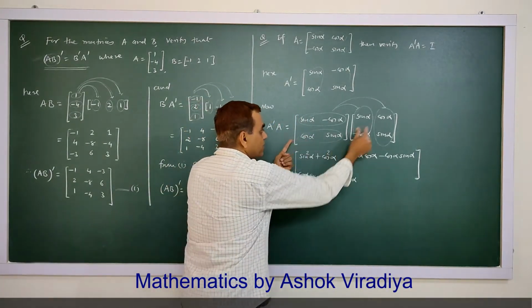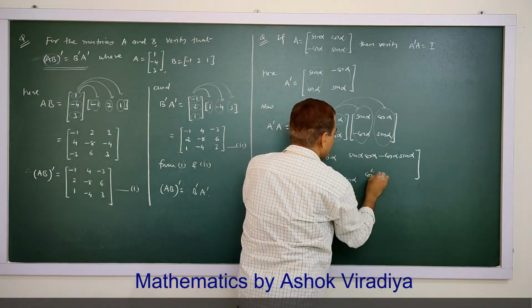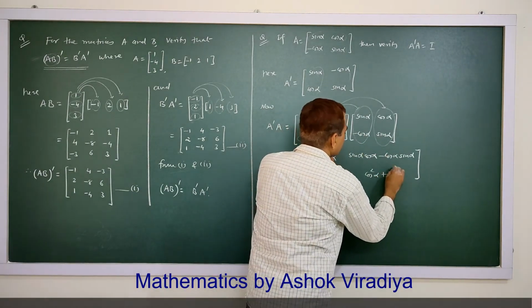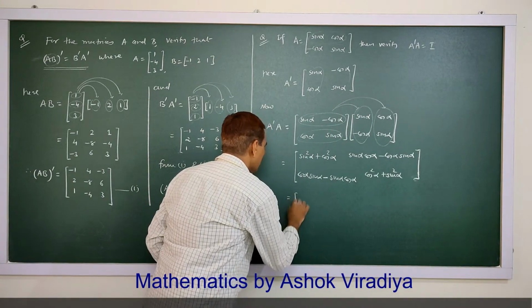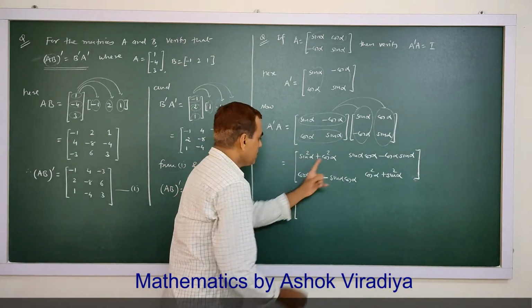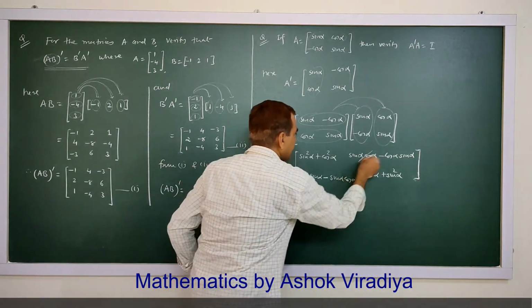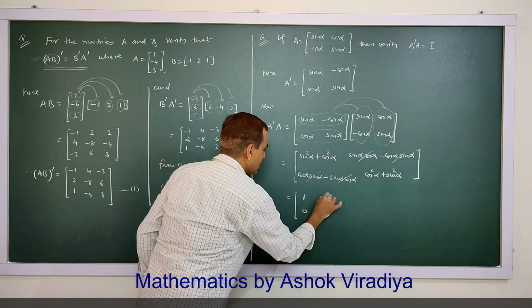Then multiply this with the second one. Cos alpha into cos alpha is cos square alpha plus sin square alpha. So it is equal to, this is 1. This will be 0. This cancels. So 0. This is 1.